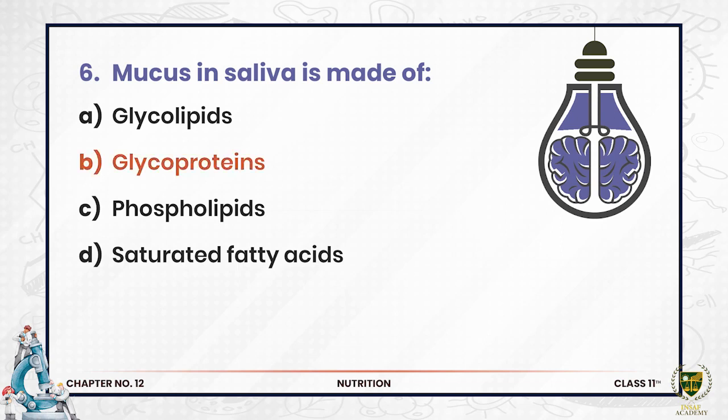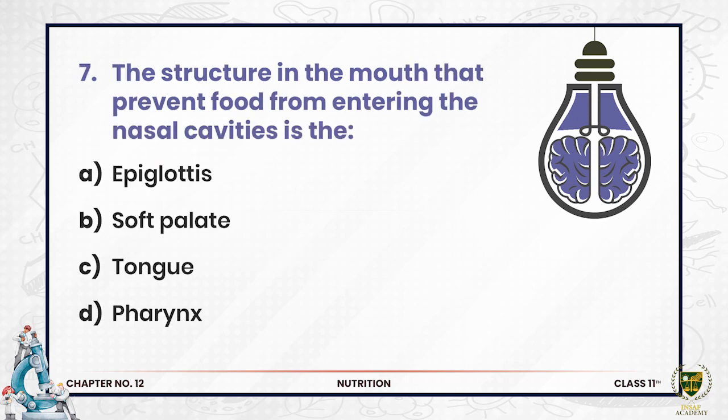So the correct answer is beta, that is glycoproteins. Number 7, the structure in the mouth that prevents the food from entering the nasal cavities is alpha epiglottis, beta soft palate, Charlie tongue, and delta pharynx. So the correct answer is beta, that is soft palate.